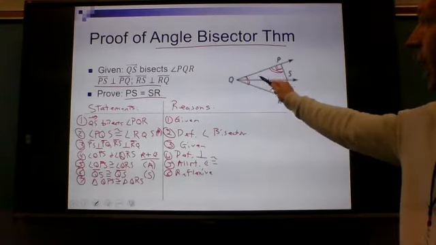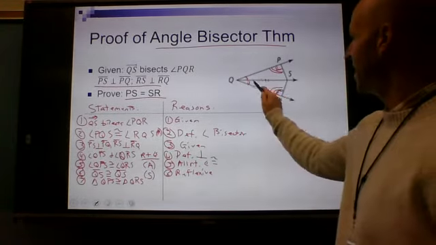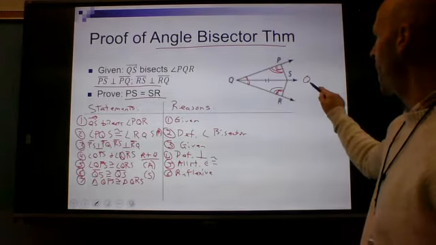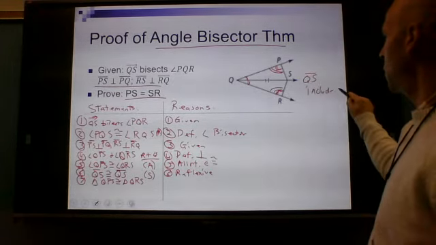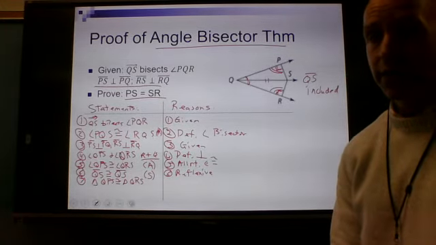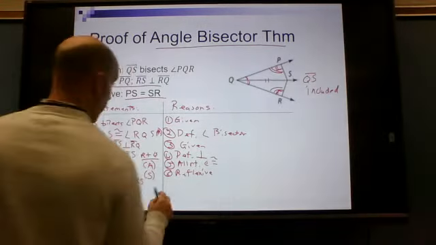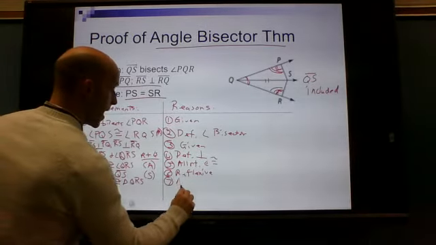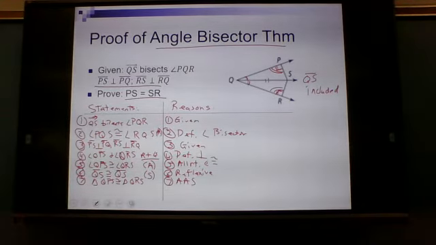To answer that question, we simply need to ask, is this side right here, QS, included? Is QS the included side? The answer is no, it is not. It is not the included side. Therefore, step number 7 is going to be AAS. Angle, angle, side.